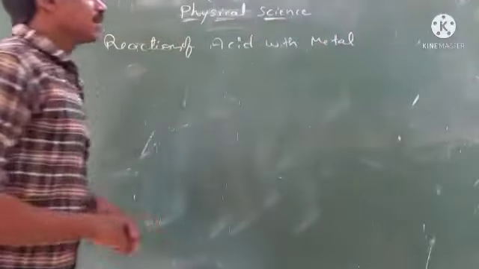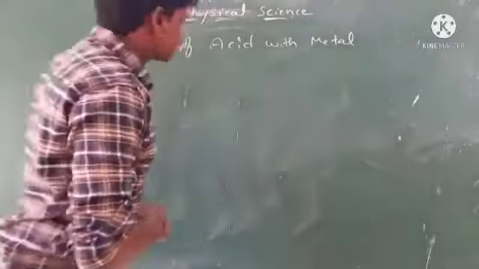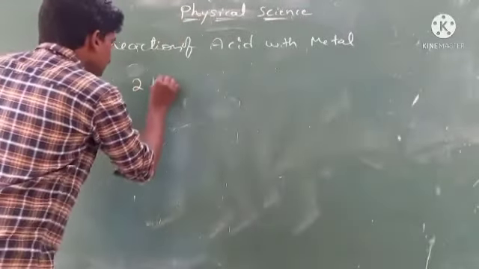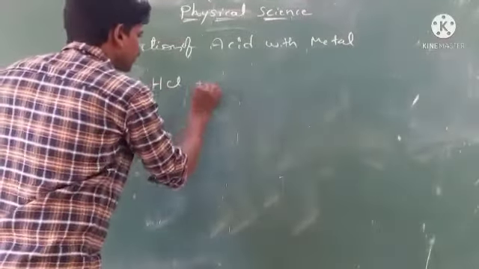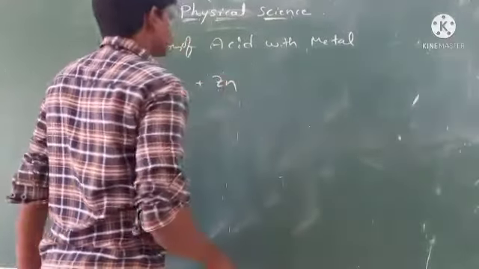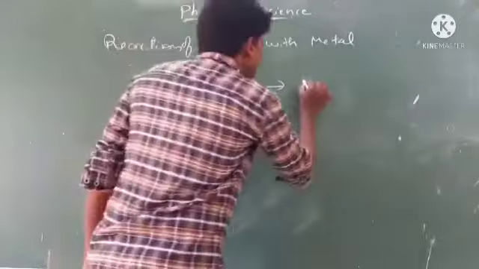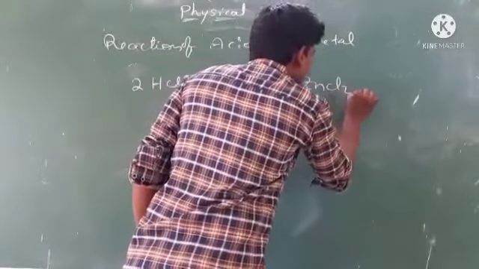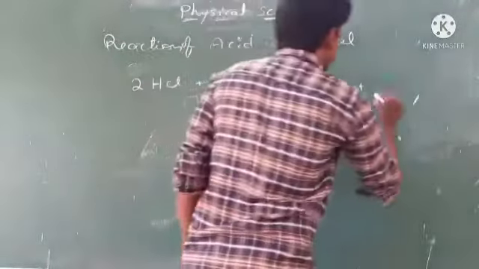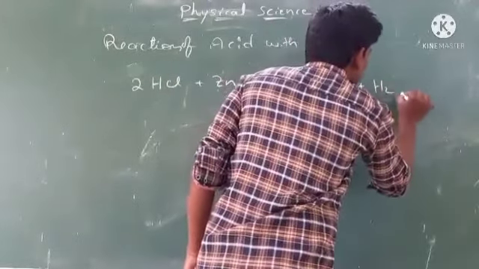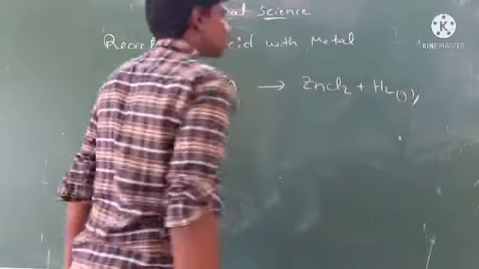Reaction of acid with metal: 2HCl plus Zn gives ZnCl2 plus H2 gas.